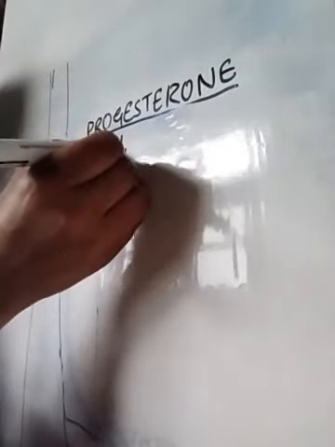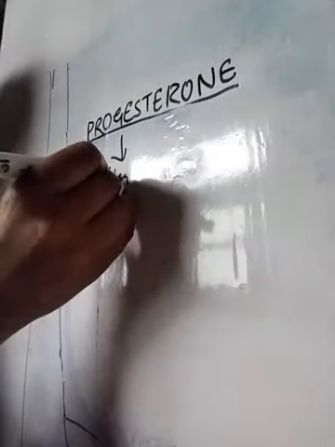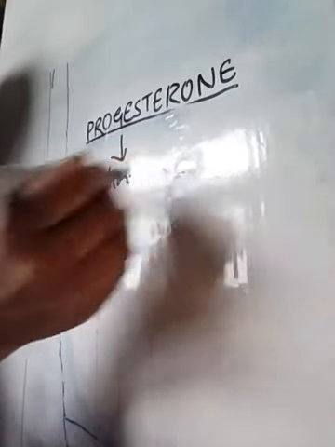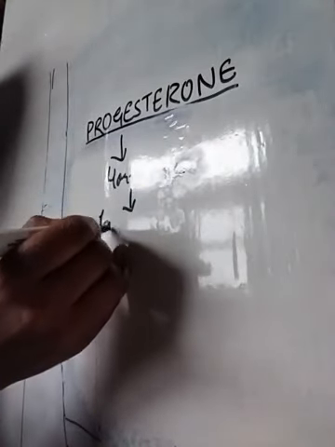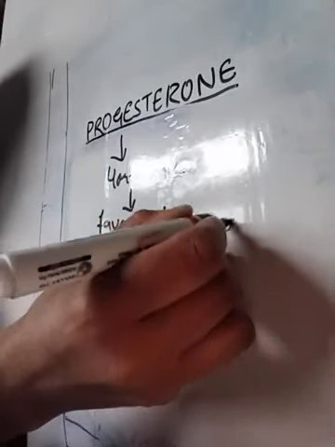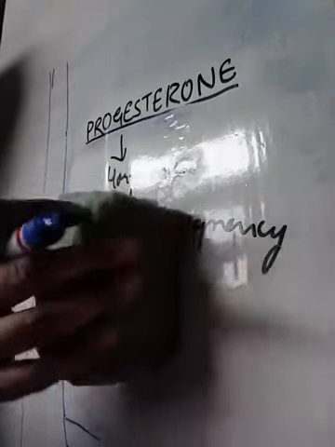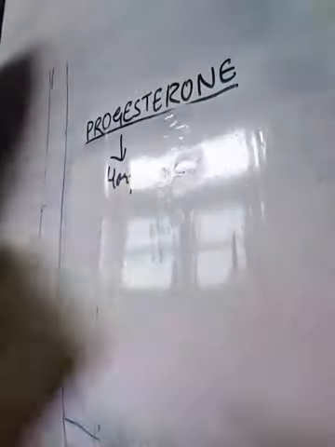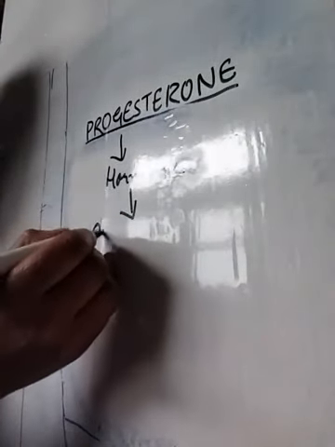Progesterone is a hormone which favors pregnancy. This hormone is secreted by the ovaries.